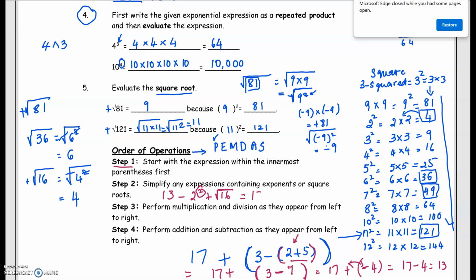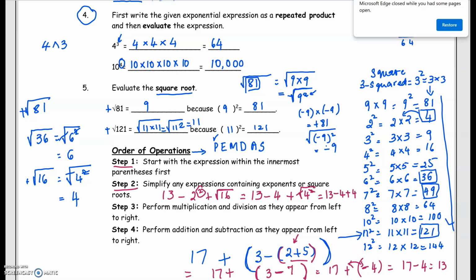Simplify those first. 2 raised to the power of 2 is 2 times 2, repeated multiplication of 2, and that would be 4. And the square root of 16, 16 is a square. It's the square root of 4 squared. 4 squared is 16. The radical sign and the square cancel each other off, and you have 13 minus 4 plus 4. And then of course you do the rest of the steps.